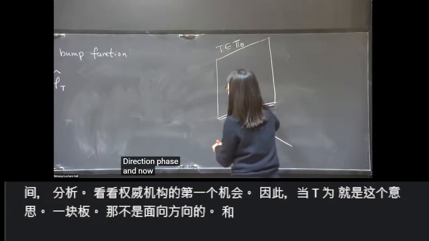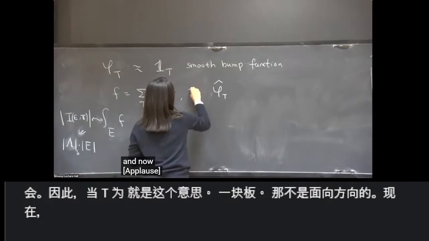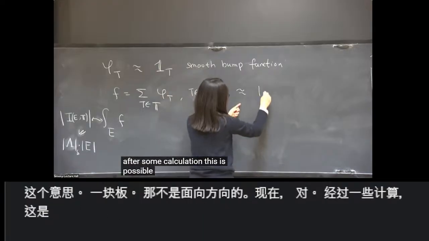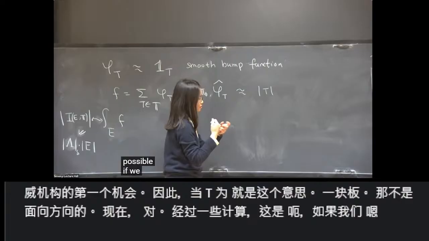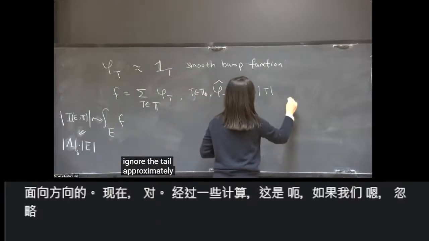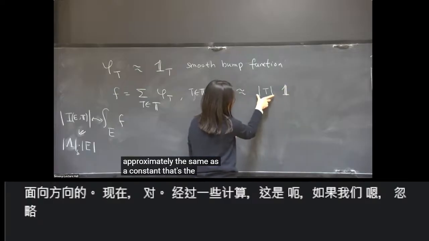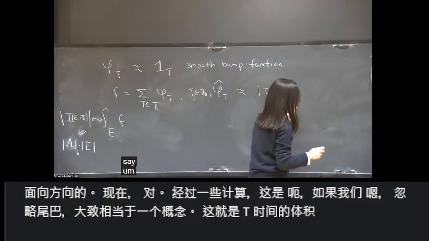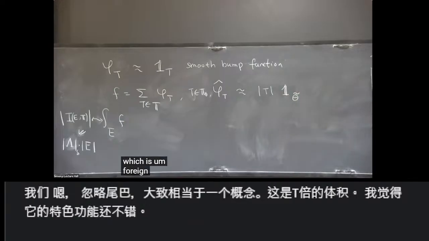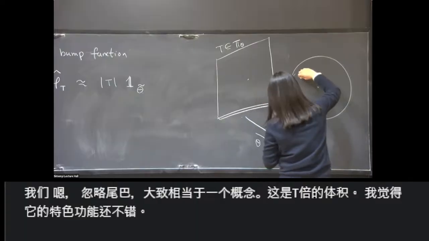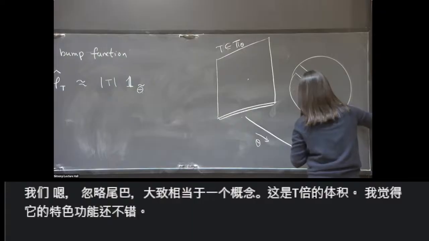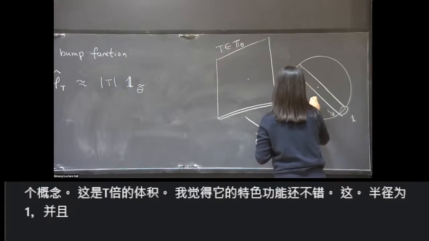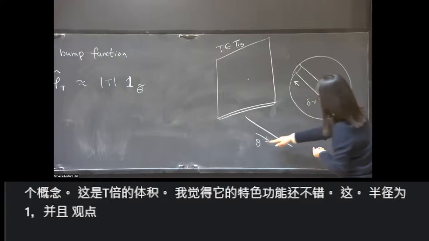And now, after some calculation, this is approximately the same, if we ignore the tails, as a constant, that's the volume of t, times the characteristic function of theta delta, which is the tube that has radius 1 and length delta to the -1, pointing in direction theta.